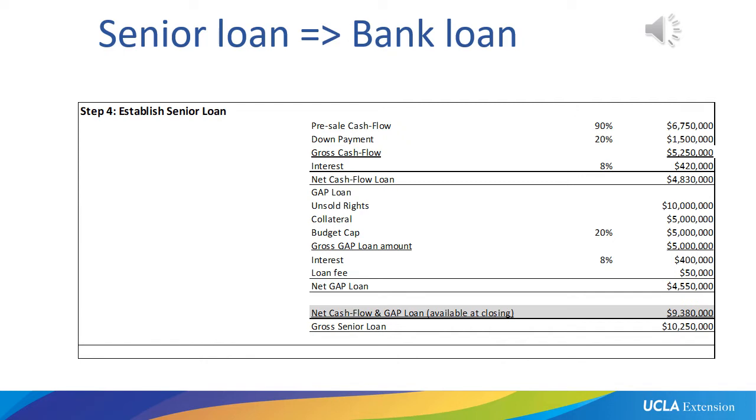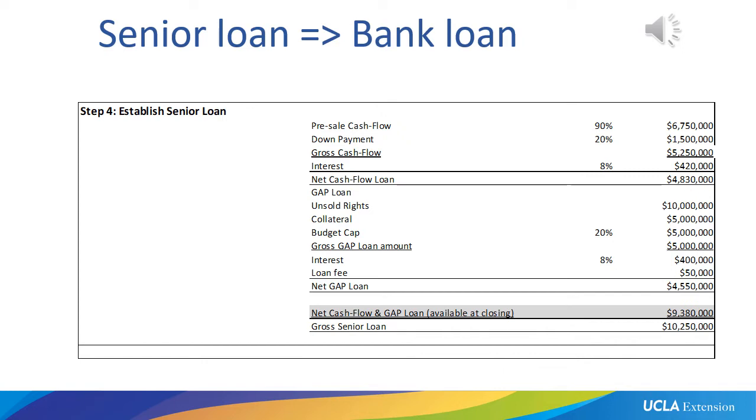The bank is going to see that we have $5 million available as a collateral from the unsold rights. And because this collateral amount is not more than 20% of the budget, the bank will give us 20% in full, meaning the 50% of the unsold rights. So that's $5 million.